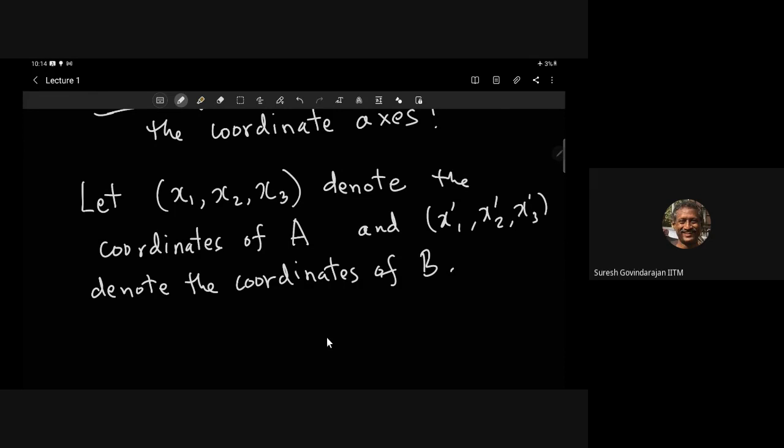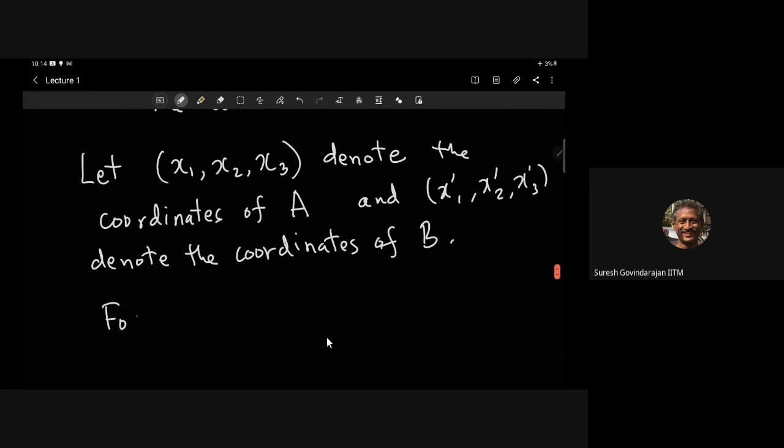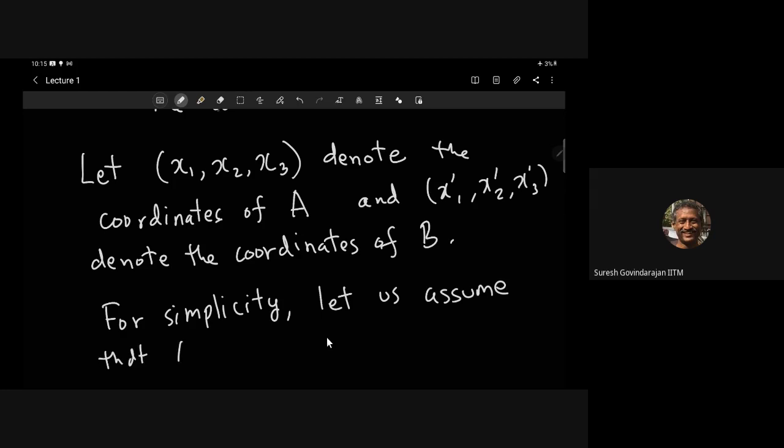And for simplicity, we can even ignore this. Let us assume at least that they don't agree on the origin, they agree on the axes, but on the origin.